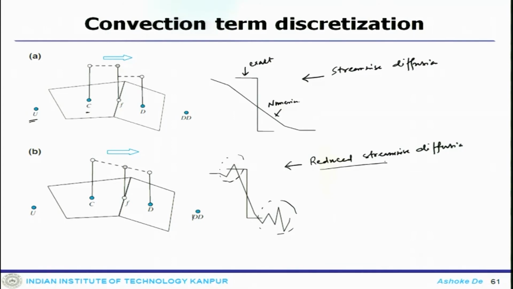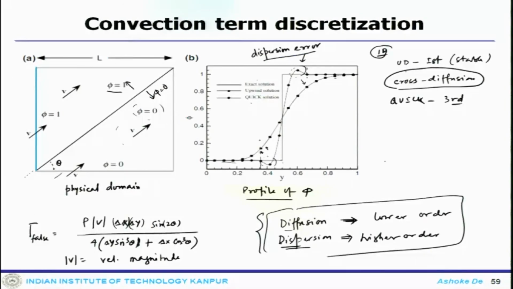Now, the cross stream numerical diffusion arises in the term where we discussed this kind of a problem where the velocity is aligned with an angle theta.